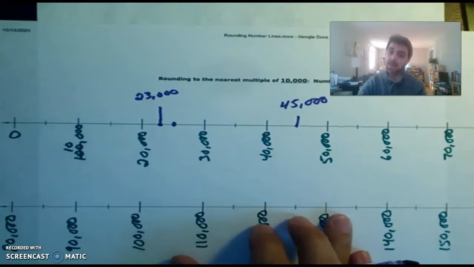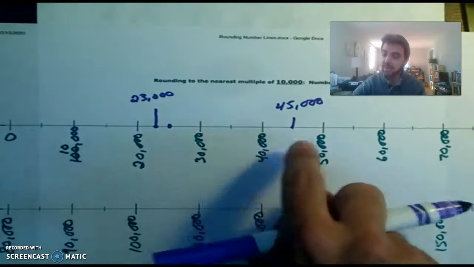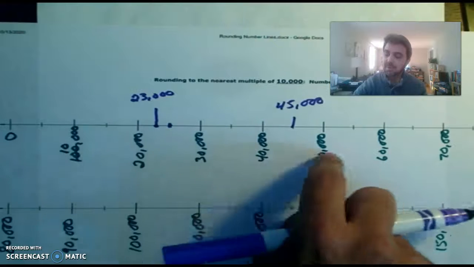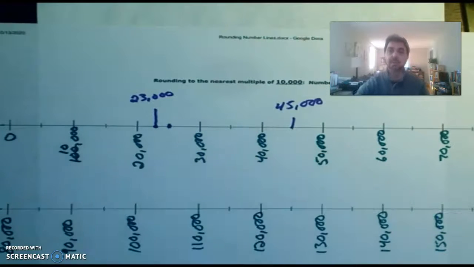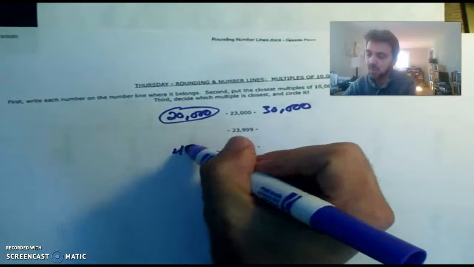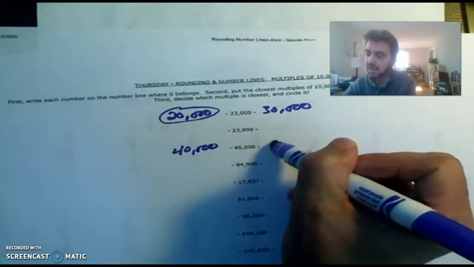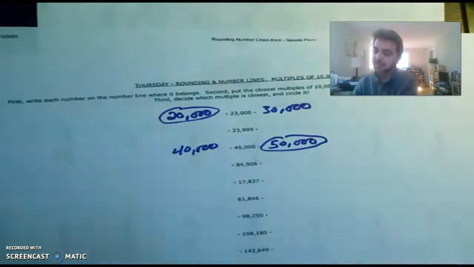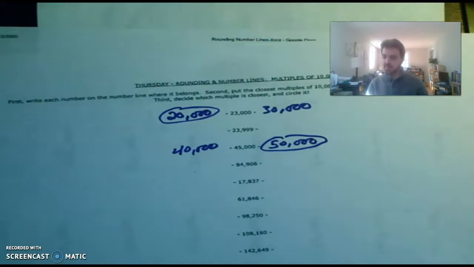And we know by now, boys and girls, if it's right in between two round numbers, like 40,000 and 50,000, we go up, okay? So we're going to put down, it's between 40,000 and 50,000, and it's closest to 50,000.